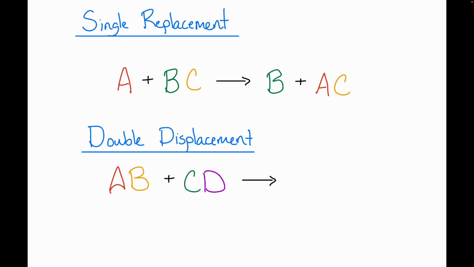All right, we have A paired with B and C paired with D, right? So we have these 2 compounds. And what's going to happen is A and C are going to swap places. Okay, so on my product side, now I'm going to have C paired with B, and I'm going to have A paired with D.